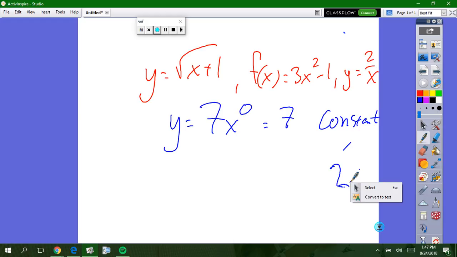Is that a whole number? That's an integer. So this guy is raised to a half, which is a rational.